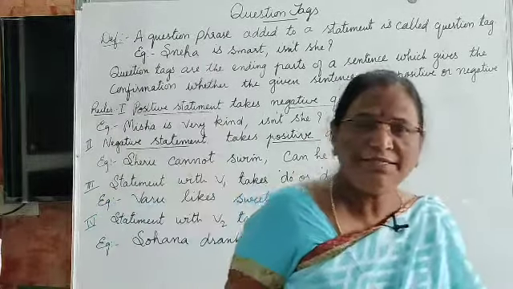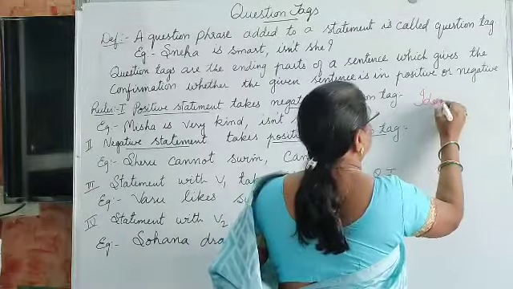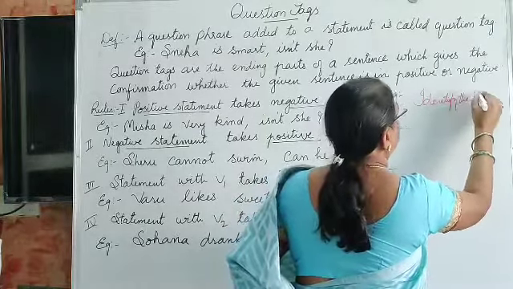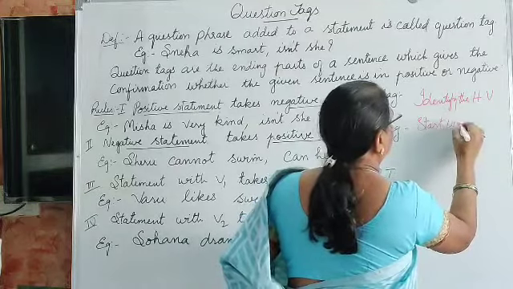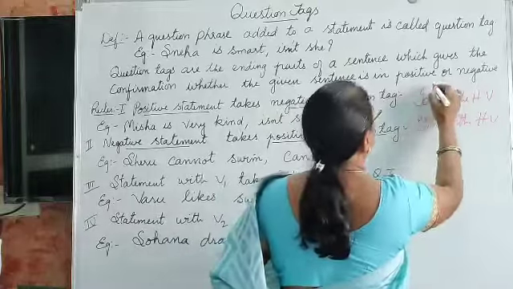First rule is identify the helping verb. Next is start with the helping verb. Helping verb means auxiliary verb.